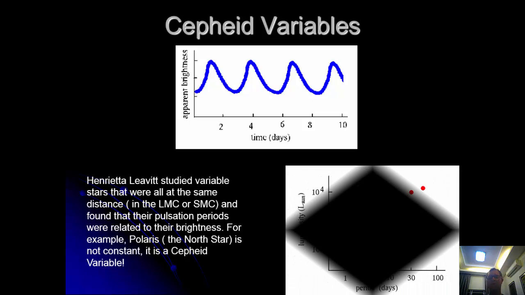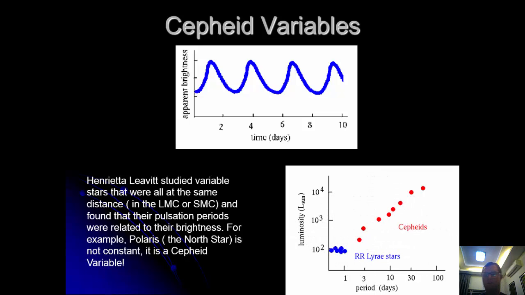Now, knowing that they all have the same distance, what we could do is look at the relationship between luminosity and period. And the startling discovery was that not only did Cepheid variables vary over a regular set of time, it appeared that their luminosity was directly related to their period of changing luminosity.